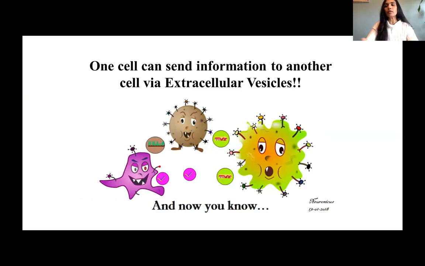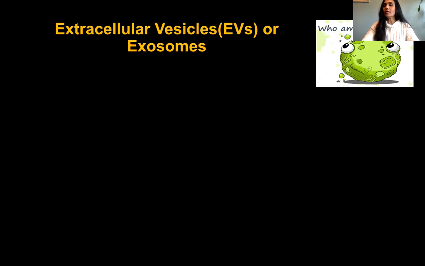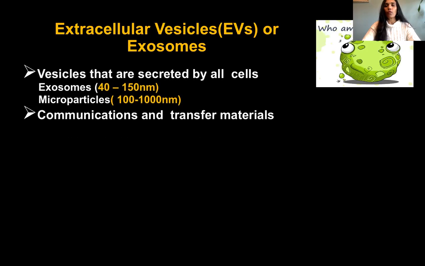By then, people had started reporting that stem cells release tiny nanoparticles called extracellular vesicles or exosomes into the extracellular space. Then what are these exosomes or extracellular vesicles? They are vesicles secreted by all cells, not just the stem cells, all sorts of cells.